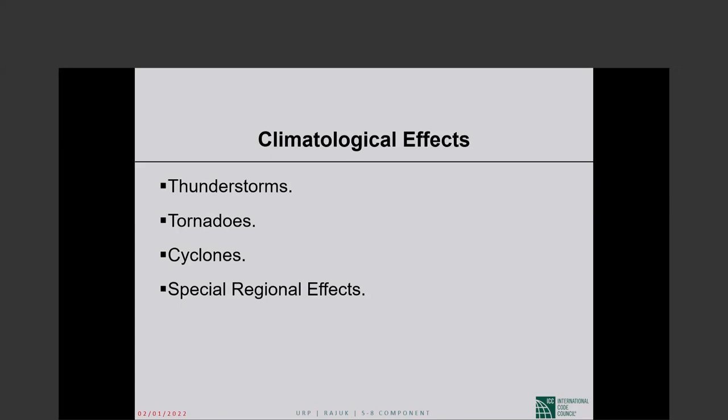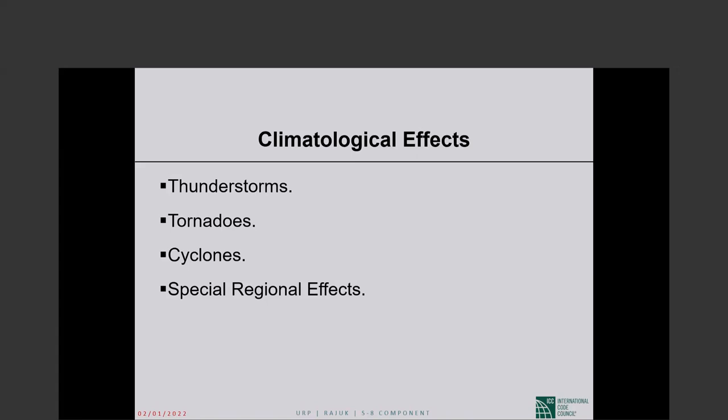The climatological effects that we as engineers have to deal with in designing our structures properly are thunderstorms, tornadoes, cyclones, which in this part of the world are called hurricanes, and special regional effects.